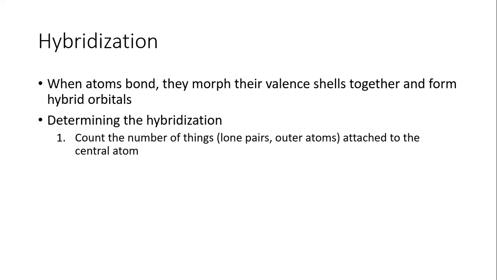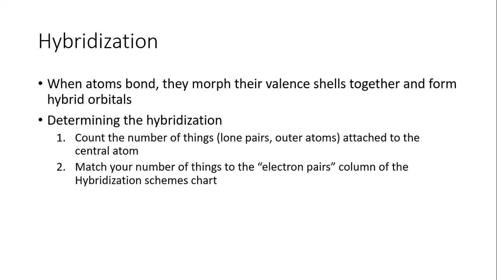And I just call that the number of things. So you're going to count the number of things. Again, lone pairs and outer atoms count as one each. It doesn't matter what they are, though. It just matters that they are there. So you count the number of things attached to the central atom.